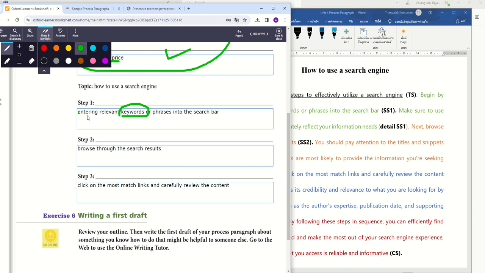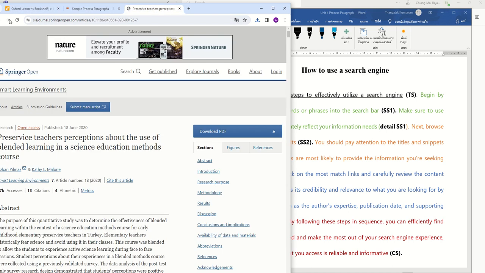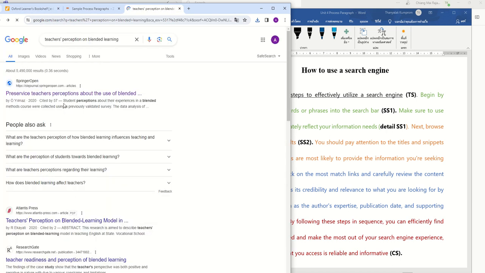So I have one here. Step 1, entering the relevant keywords. Number 2, browse through the search result. And number 3, click on the most matched link. So it depends, maybe you think this one is the most suitable one for you. So you just click on it.